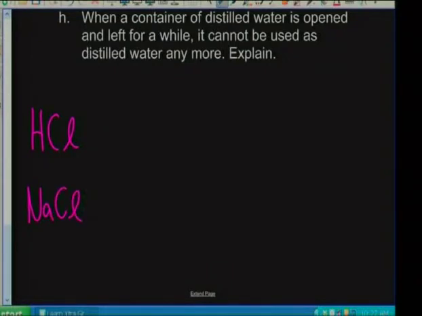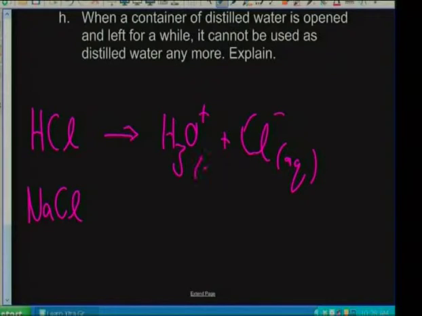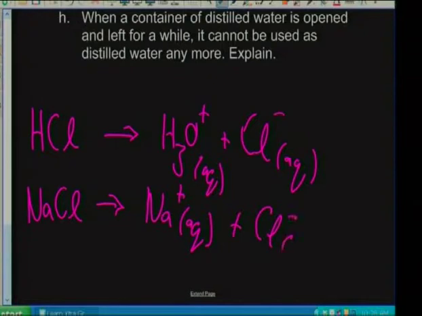Now, the question here is a little tricky, because we know that we're going to form ions over here, like that, and we're going to form ions like that. So sodium ions plus chloride ions. And the real problem here is that in both solutions, we've got lots of ions present. And it's kind of a trick to say, where have we got more? And that's the interesting question.